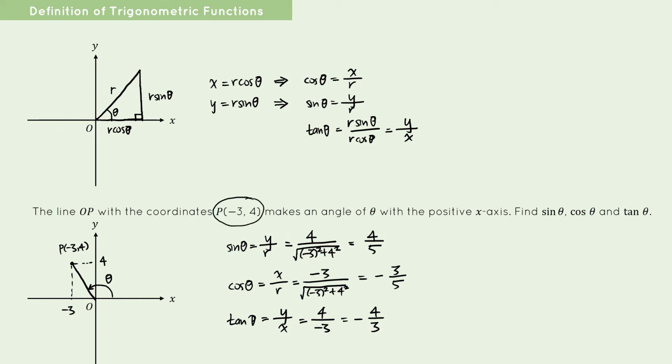From here you can see that when this theta is not acute, some of the trigonometric ratios will not be positive. In this quadrant, cosine and tangent are negative, but sine is positive.